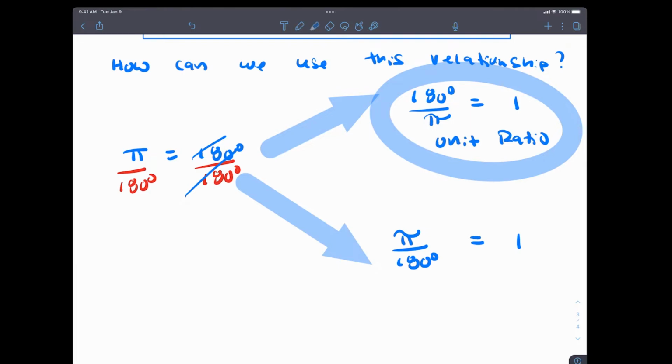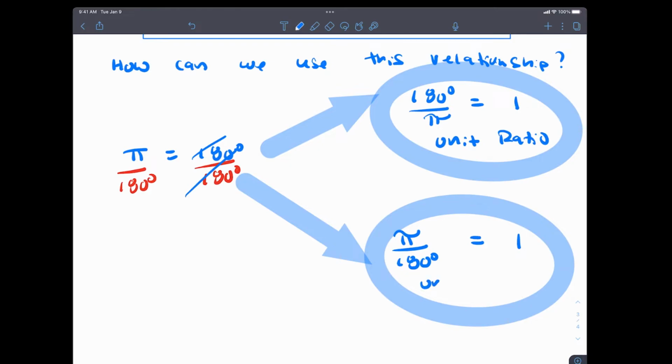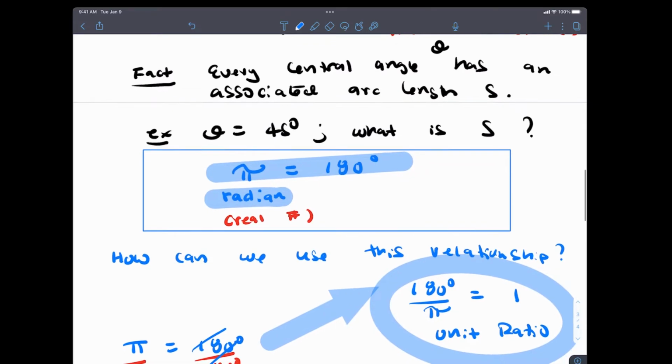This is another special unit ratio. Okay, now they're different ratios. What's a ratio, by the way? What do we call a ratio? A ratio is a fraction. So these are special fractions.